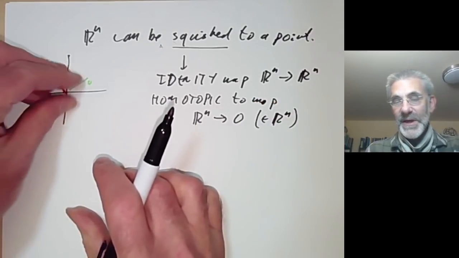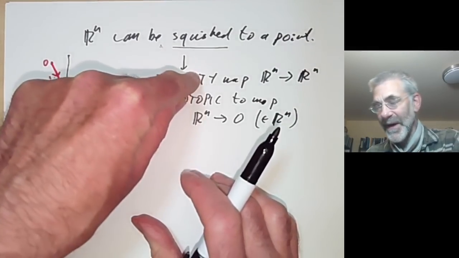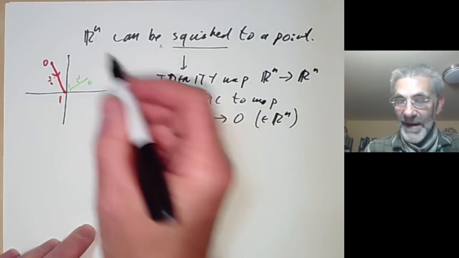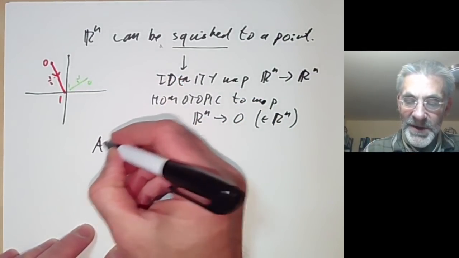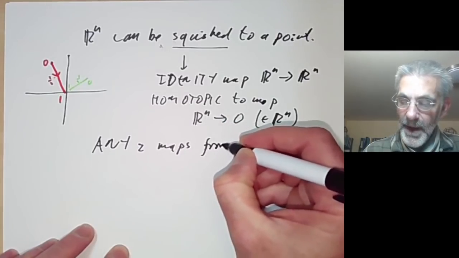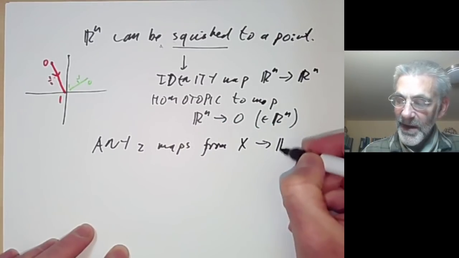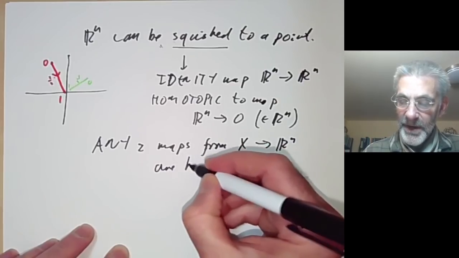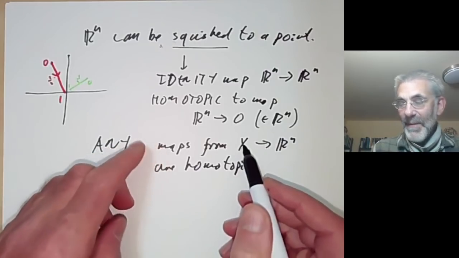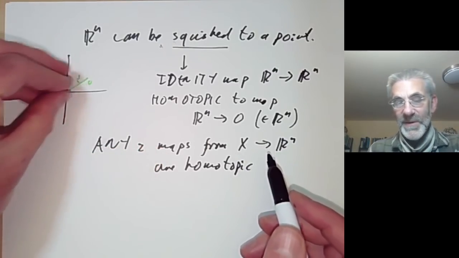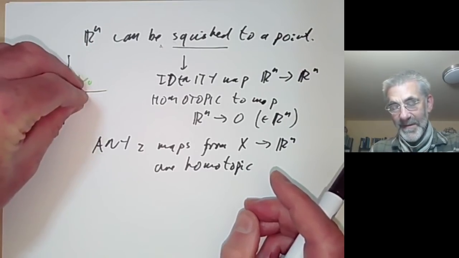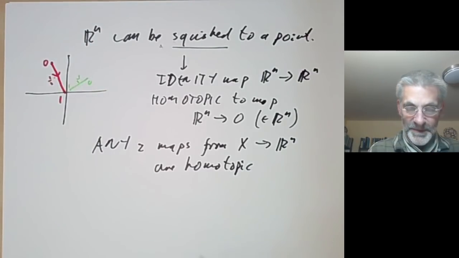And here the squishing down to 0 is just the homotopy taking the identity map to this. And using this, you can see that any two maps from any space X to R^n are homotopic, because any map from X to R^n is just homotopic to the map taking X to a point, because you can just use this map to squish it down to a point.